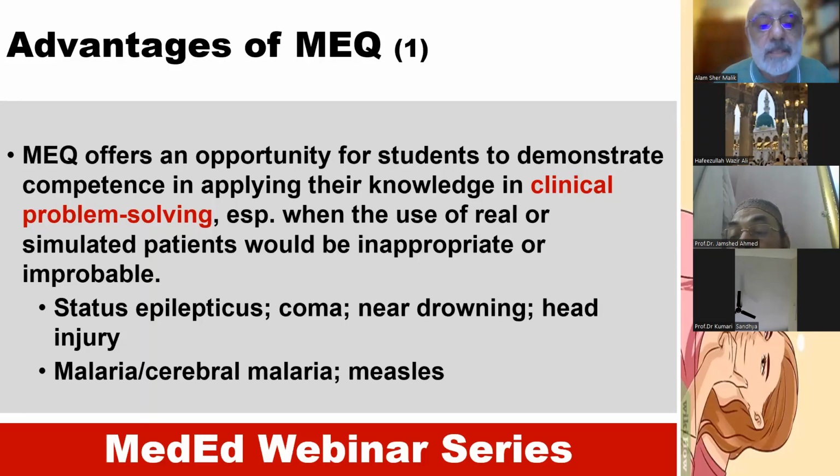For example, status epilepticus, or a patient with coma, near drowning, head injury, cerebral malaria, or measles, the seasonal diseases, where patients may not be available for a long case or short case. So these are conditions which we can examine in quite some detail in modified essay questions because they cannot be examined in clinical examination.